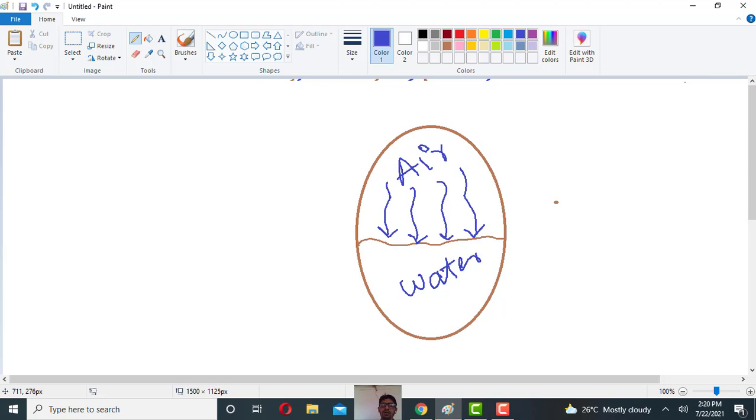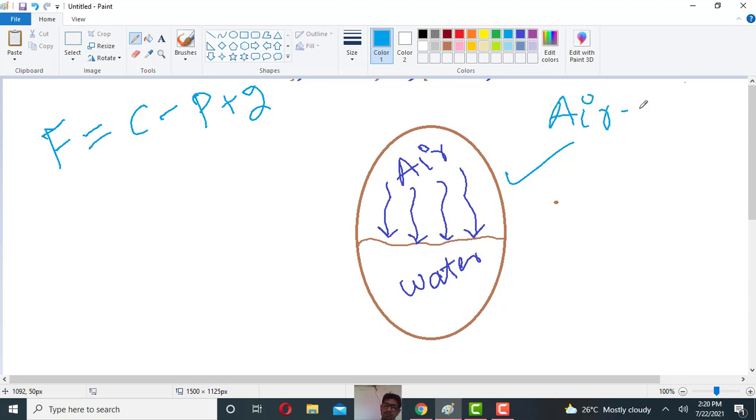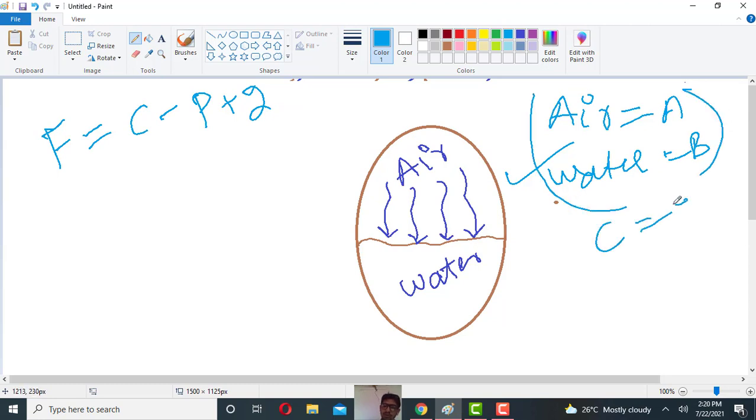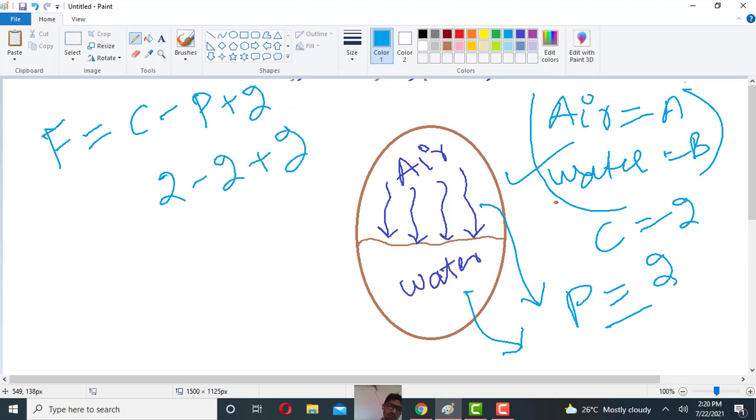Then how many independent variables will be needed to completely define this system? Let's check it. This is equal to C minus P plus 2. Here, suppose air is component A and water is component B. So the number of components is 2, C is equal to 2. The phases are one liquid phase and one gaseous phase, so the number of phases is also 2.